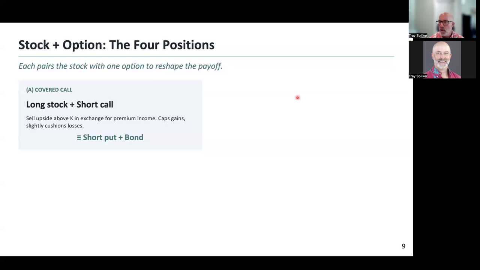The most common one, and the first one we tend to talk about, is something called a covered call position. You may have heard of these, as they're actually highly marketed by financial product providers, especially now covered call ETFs. But they have some benefits and some negatives. Basically, the idea here is combining a long stock position and a short call.